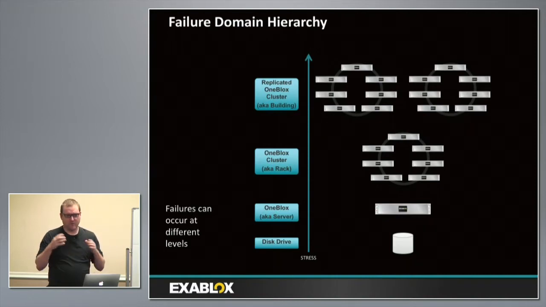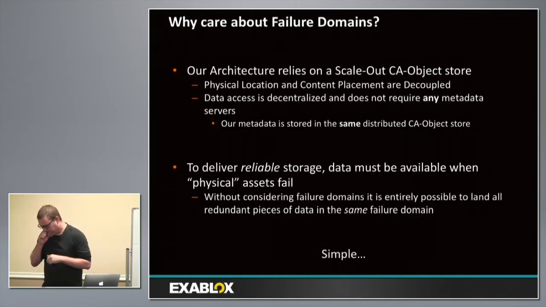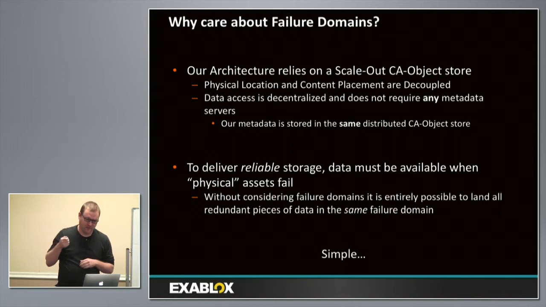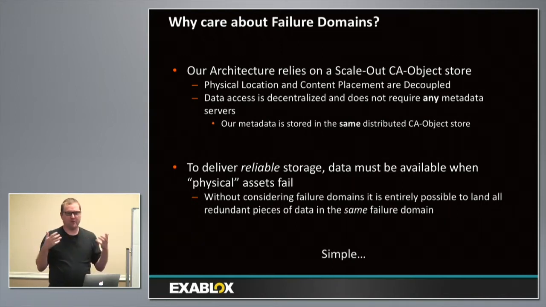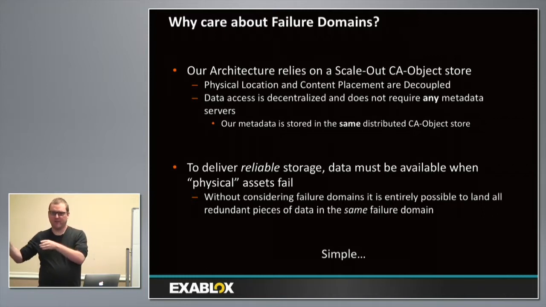For everyone dealing with this, it's basically keeping your data accessible in the presence of a failure. Now, looking at what was happening for us, we base our architecture on content addressability. That's a fundamental foundation for us. It decouples the physical location from where we place the content.